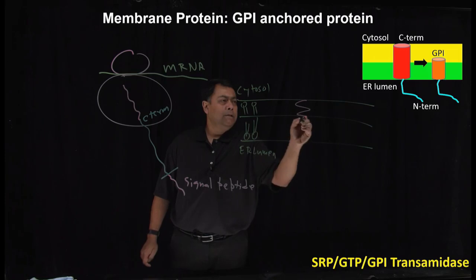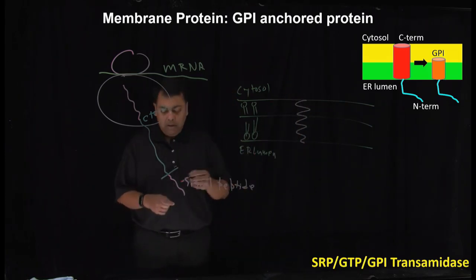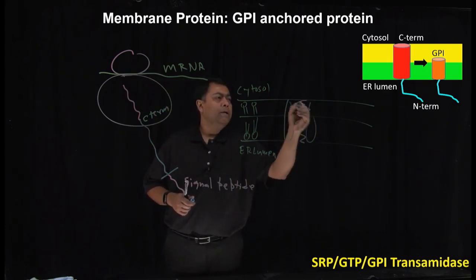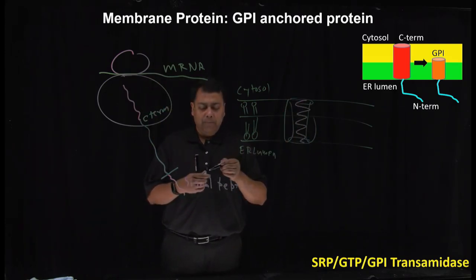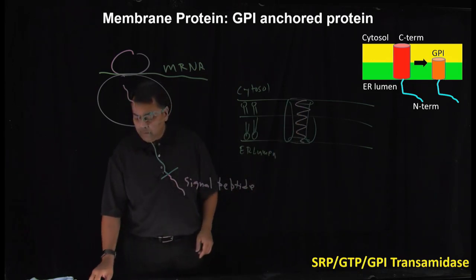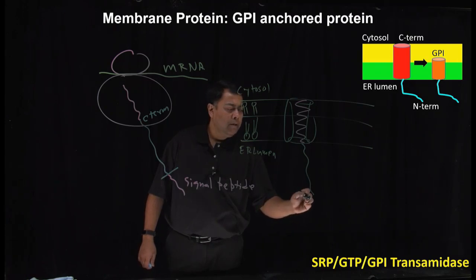So right here, this is the hydrophobic sequence of the protein, and I'm just not drawing the translocon. The translocon mediates it as well, same process. So right here is your C terminal of the protein, and right here is your N terminal.